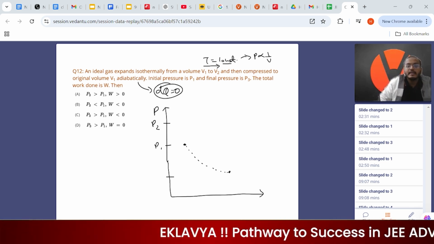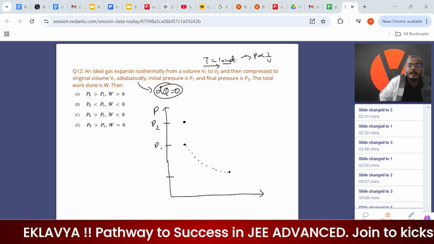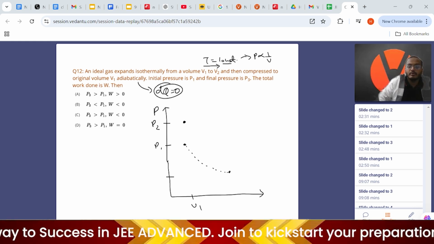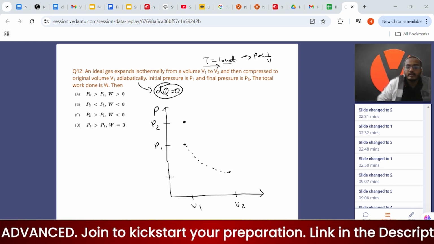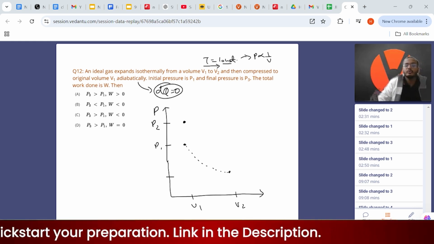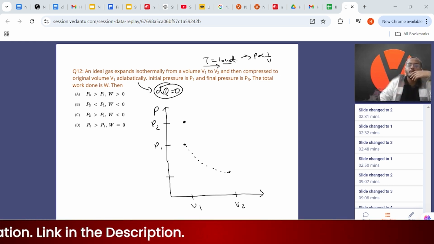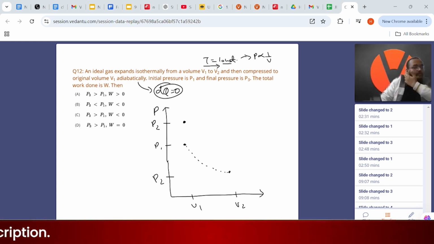See, adiabatically, they are saying that it is attaining the same volume. Let's say this is V1 and V2. It is given in the question. So, to attain the same volume, it will increase to more pressure even than P. Let's say it came to P2 and this is P3.